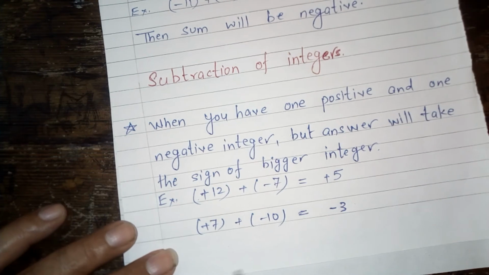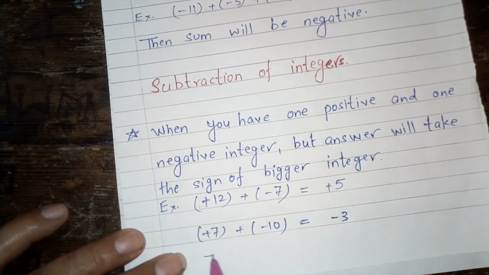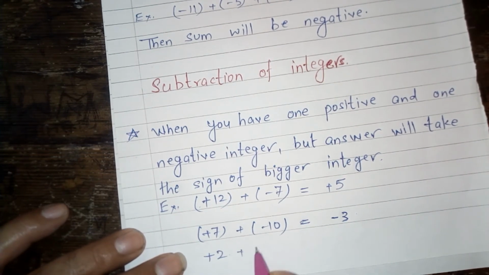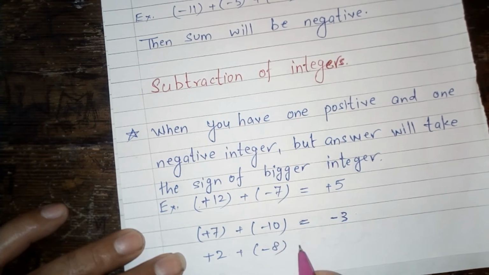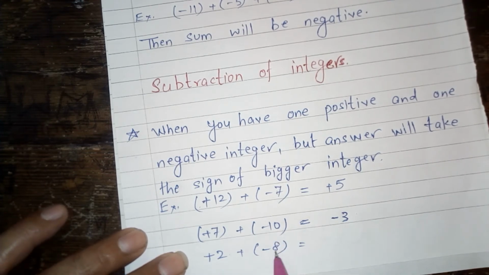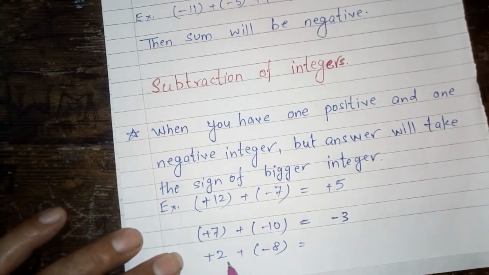I just want to give one more example. Suppose you have plus 2 and minus 8. These two integers have opposite signs. First is positive, second is negative, and opposite signs are always subtracted.